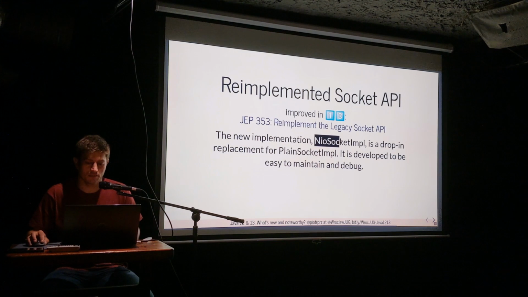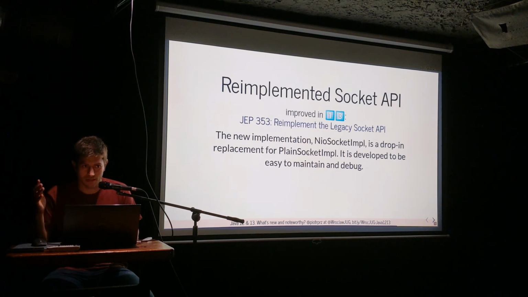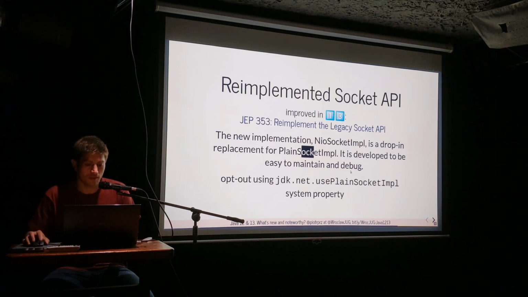This one was developed to be easier to maintain and to debug, and they even tried to mimic or replicate the undocumented behavior. However, there are some differences between these two, and if you're relying on these undocumented side effects of plain socket implementation, there's still a way for you to opt out or switch back to the old implementation.